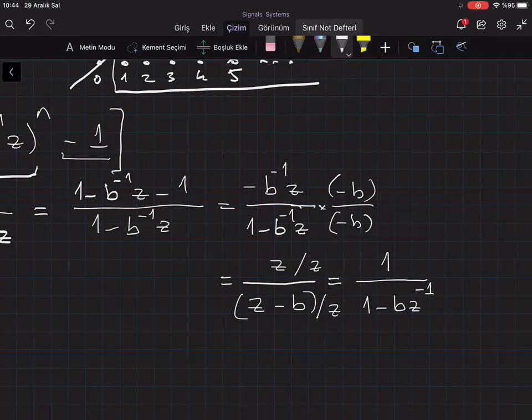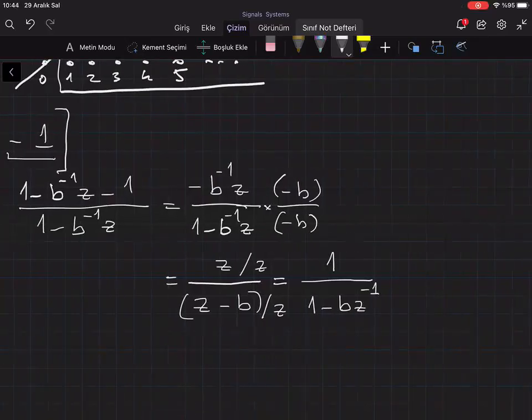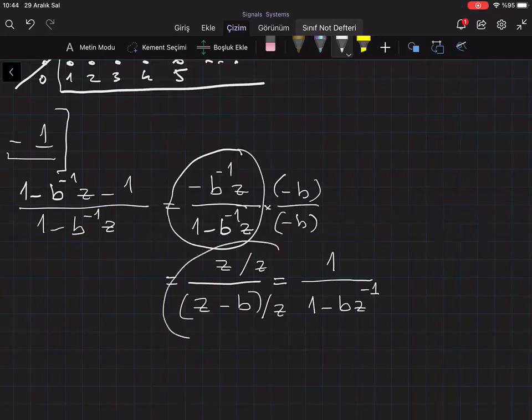You get me, right, arkadaşlar? So all of these are z transforms. This one, or this one. But all of them are z transforms. But mainly we will use this one because it is going to be a lot easier for us to deal with. Okay?